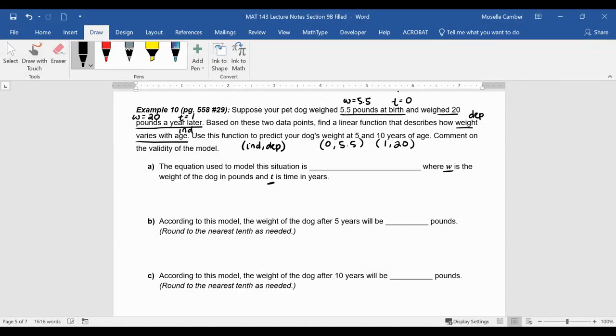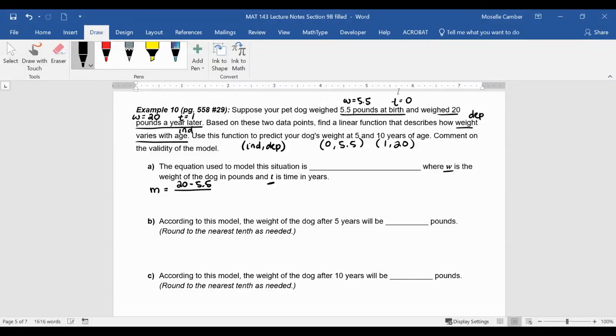So using those 2 points, I can figure out the slope. So we need to know how much the weight rose. So we have gone from 5.5 to 20. So we generally take the ending amount minus the beginning amount. So my y2 minus my y1.